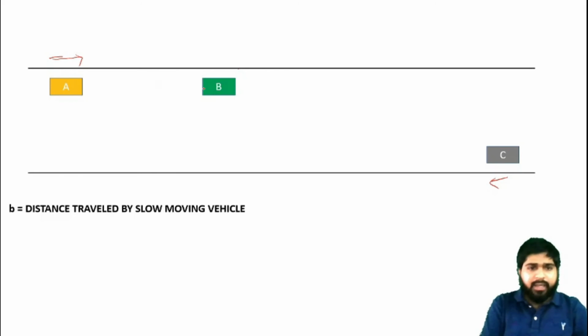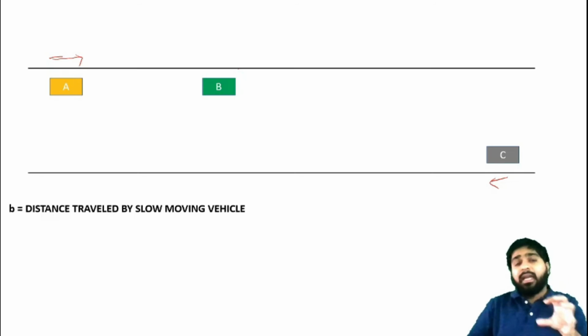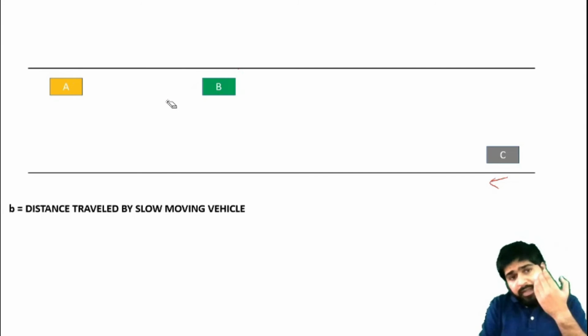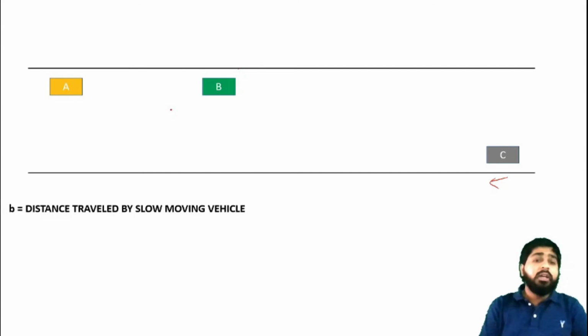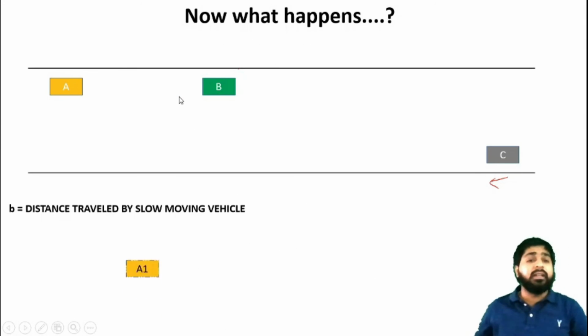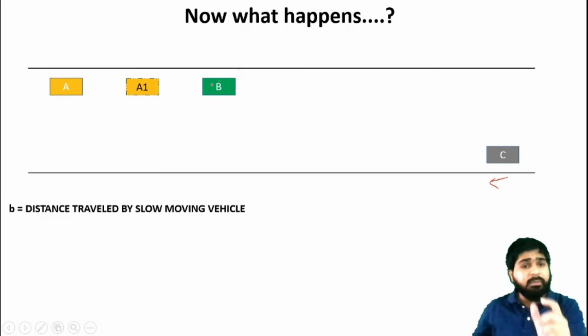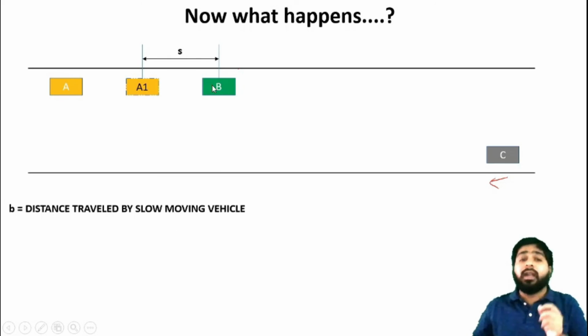The speed of B is quite less than speed of A, or the speed of A is higher than speed of B. So the driver of vehicle A will think to overtake vehicle B. But if he is driving and he is thinking also, so by thinking he will cover certain distance and will reach at the point A1. Now after reaching at the point A1, if he does not overtake vehicle B, then there will be collision between A and B. So the distance between this A1 and B is called as S, and this S means spacing of vehicles.